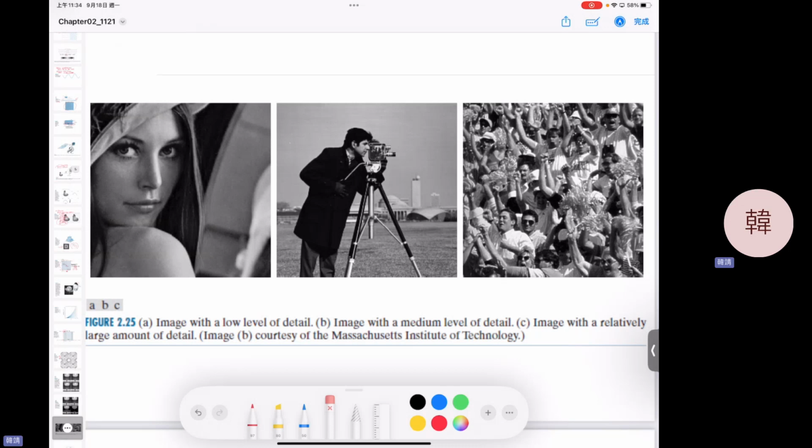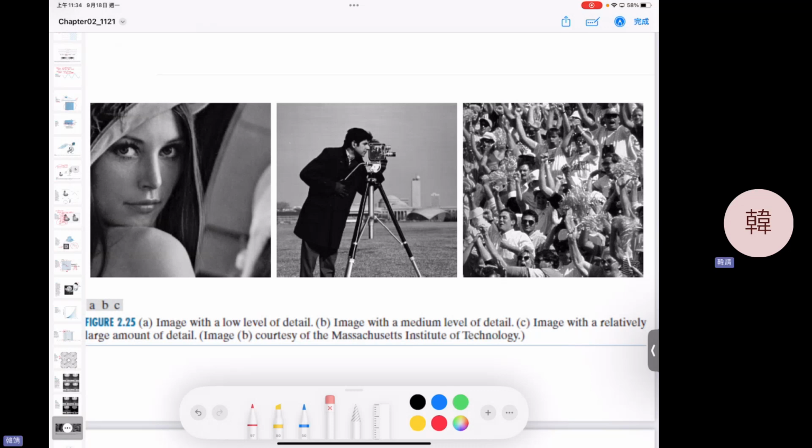Like the earlier experiment, I keep asking you, are they the same? Are they the same, right? I modify the intensity level, then modify the resolution, and ask you to compare. Are they different? Are they similar? Are they equal?